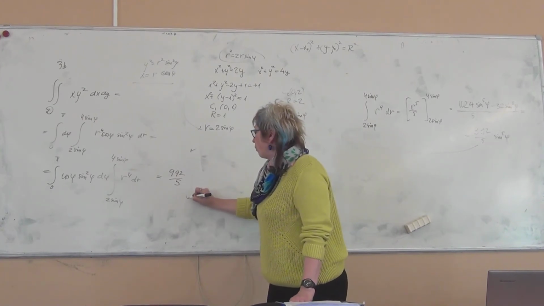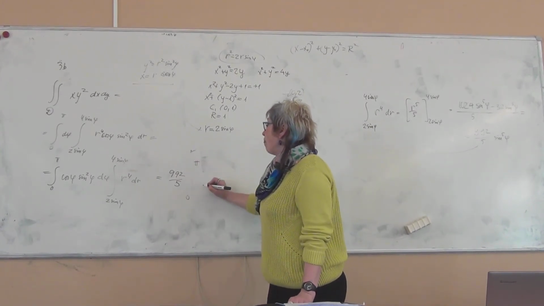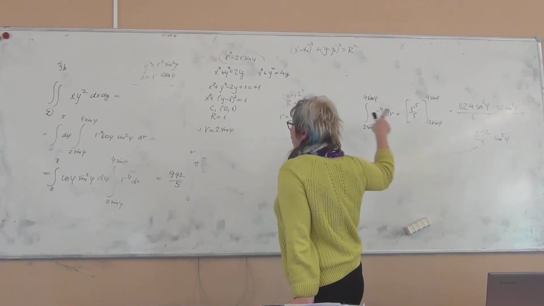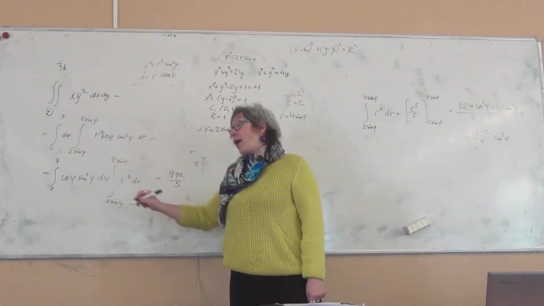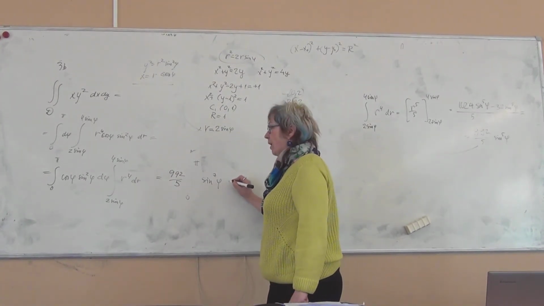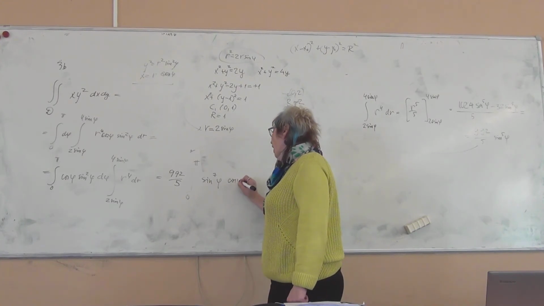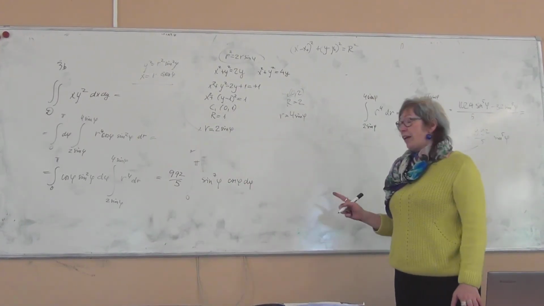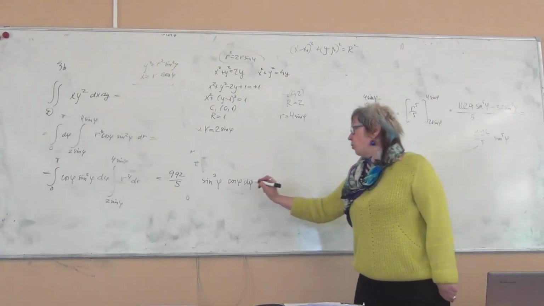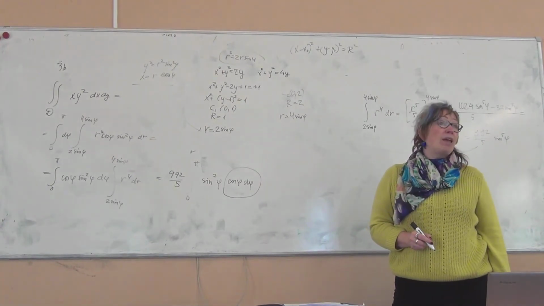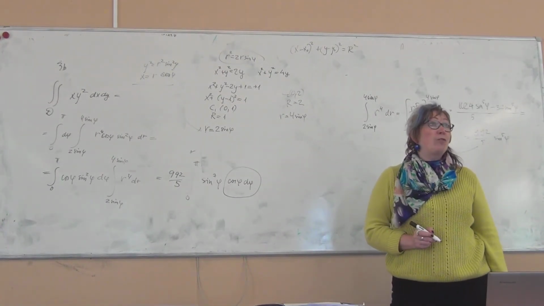So we have from 0 to pi. Now I took the constant out, sine to the 5th, sine squared. So I have sine to the 7th phi, and now I have cosine phi d phi. Remember that this actually is d of sine phi.